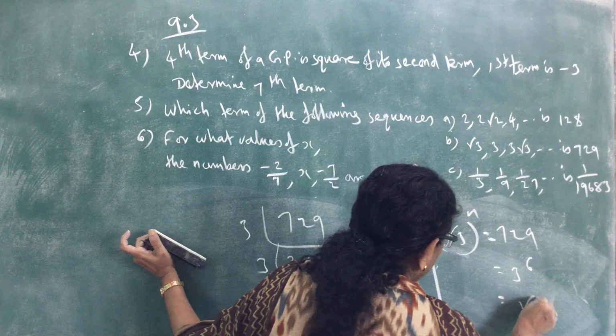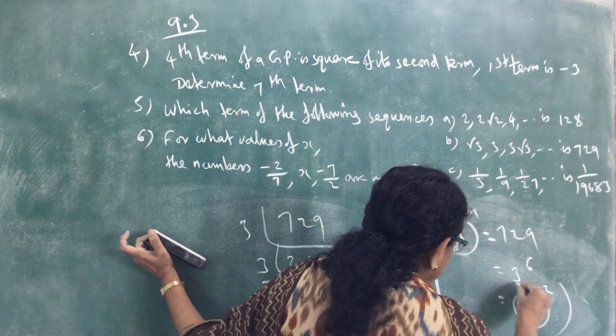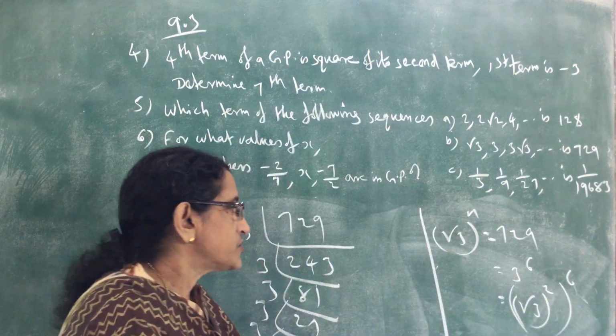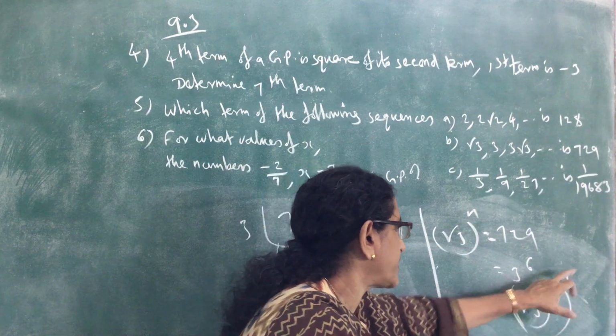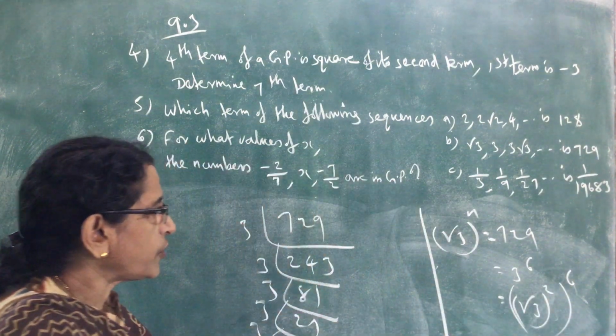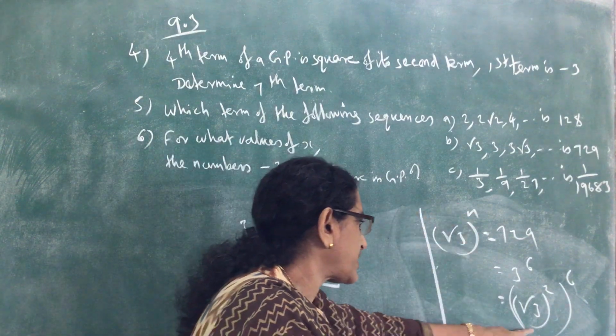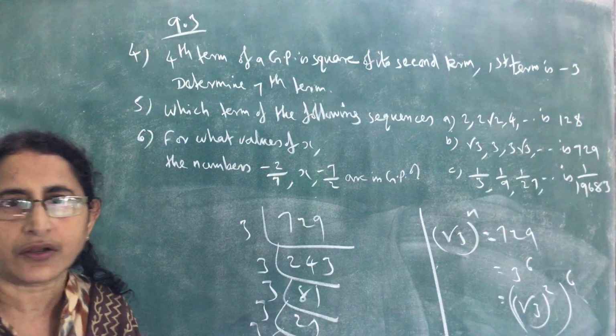Therefore again write 3 as root 3 raised to 2, all raised to 6. A raised to m, all raised to n, is A raised to mn. So root 3 raised to 12. So we got root 3 raised to n equal to root 3 raised to 12. Therefore n equal to 12. So the answer is n equal to 12.